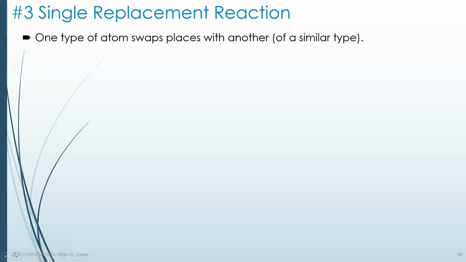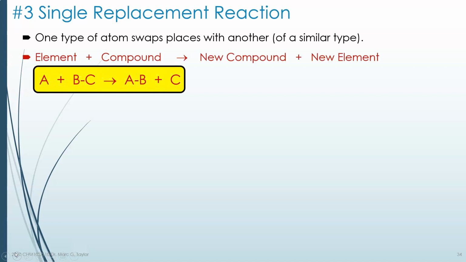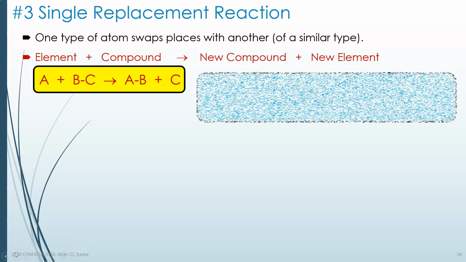Single replacement reactions. So here you have one type of atom swaps places with another of a similar type typically. So you can envision that you have some element A reacting with a compound we'll call BC, and then B breaks its bond with C and forms a new bond with A, leaving C alone. So C is the new element and AB is the new compound.